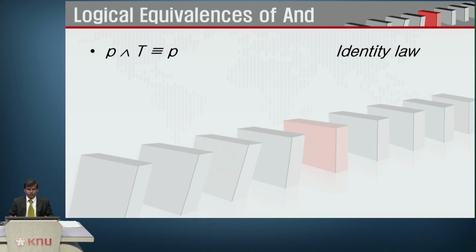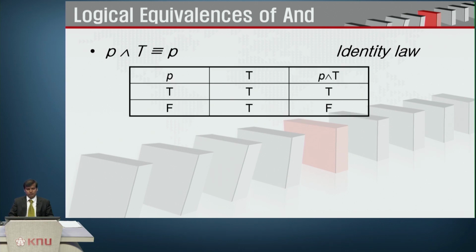So you don't have to worry about the T, which is always true, just worry about the value of P. That's the identity law. Here is the truth table. T is always true no matter what, because that's the tautology, and the output depends on P. Whenever P is true, the output is true.